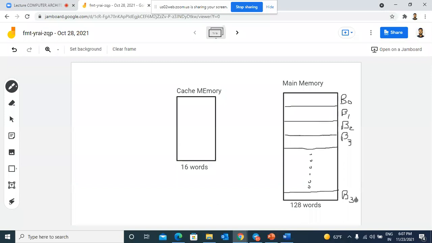How? Because if you want to check the number of blocks, the formula is 128 divided by 4, and if you divide it, you will get 32 blocks.